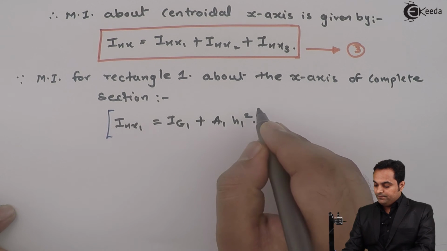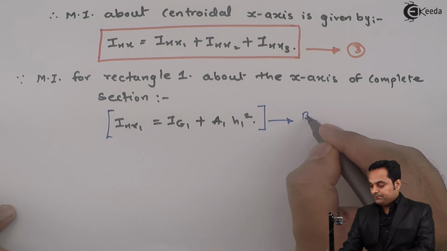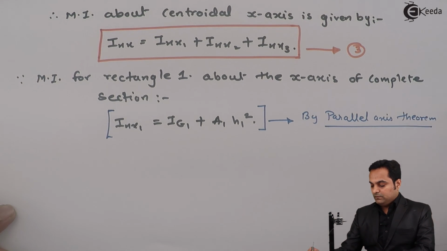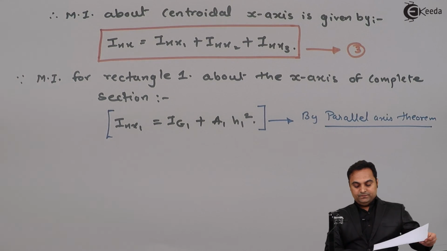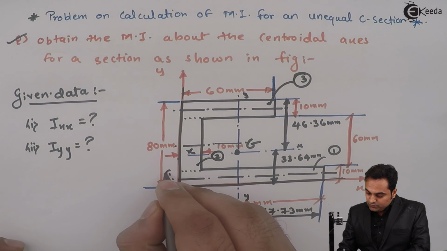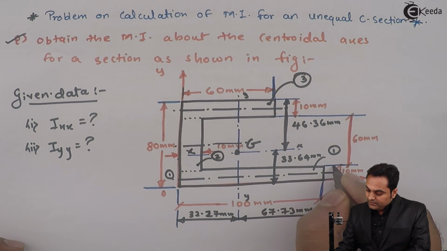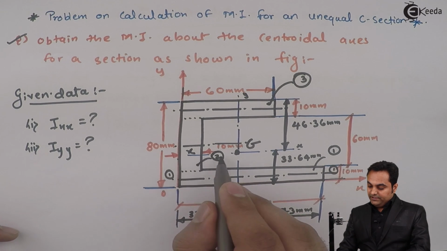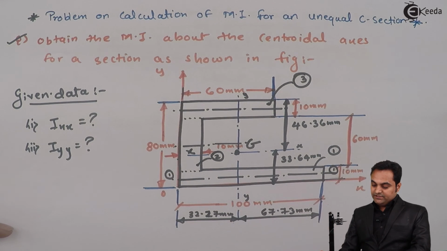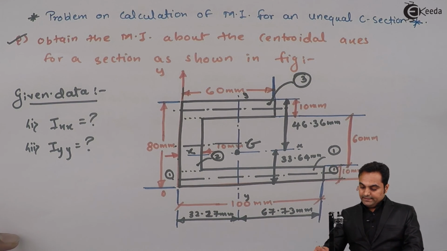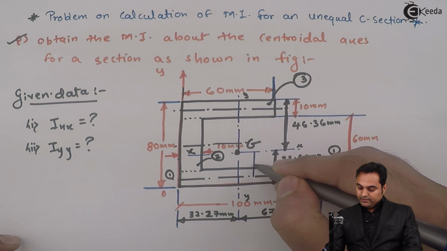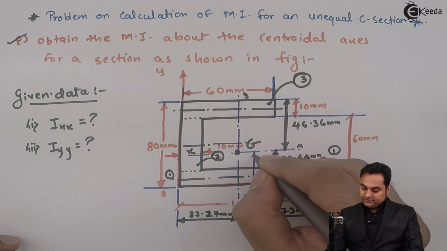This has come from parallel axis theorem. Now as we see, the x-axis of rectangle number 1, which is denoted as 1 1, and the x-axis for complete section, they are having some distance between them. That is why we have to use parallel axis theorem, and the distance between the x-axis of section 1 and the complete C section, that distance is h1.